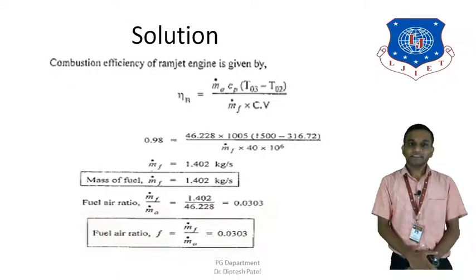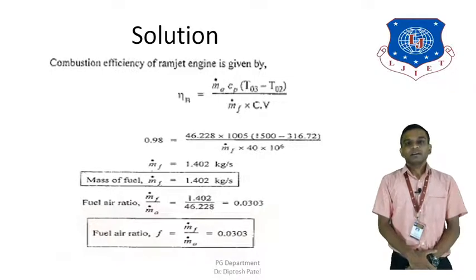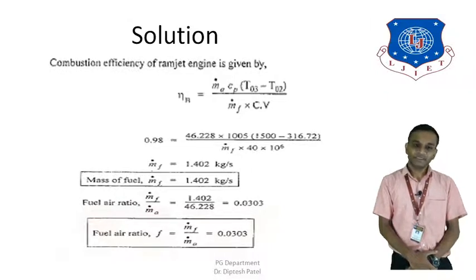Mass of air that has been found out, 46.228. Cp that we are going to take 1005. T03 that is 1500 minus T02 316.72, divided by m_f that we need to find out, and calorific value is given to us. So we are going to convert that into joule per kilogram. So that is 40 into 10 raised to 6.